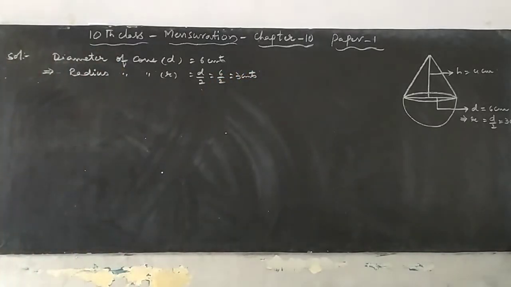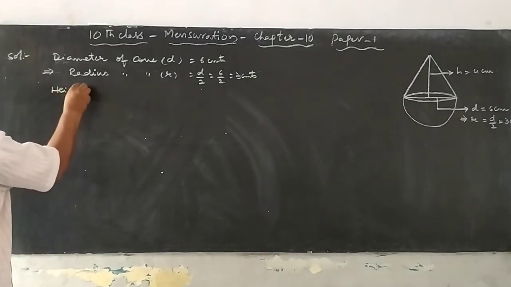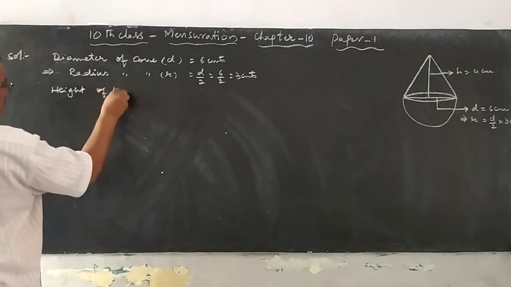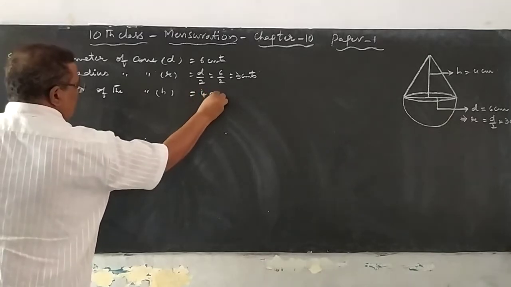This is the radius of the cone. Now height of the cone is H is equal to 4 centimeters.